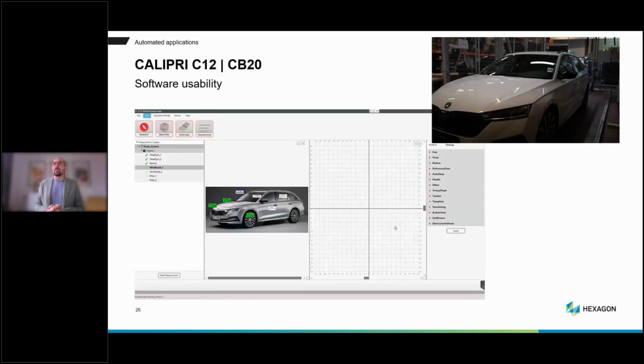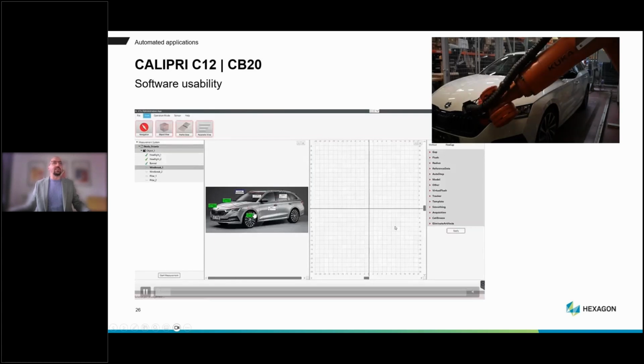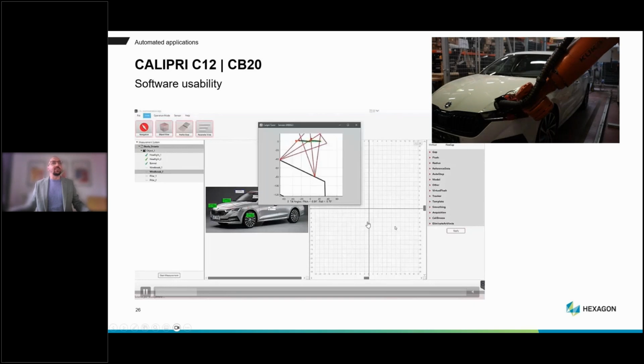From our software usability, you will see that the software looks basically like the software we're using in our handheld gauges. So we have our points, a visualization, and also a scan visualization here.